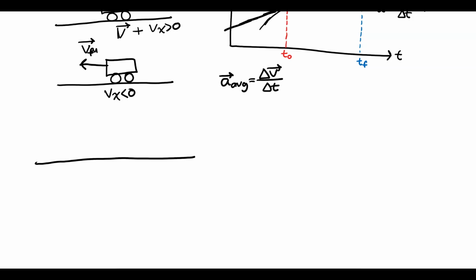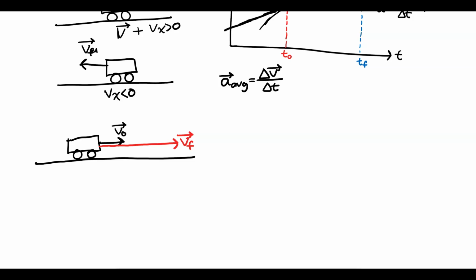Okay, so if we have a car traveling at some initial velocity v0, and we make it faster, that means if it's speeding up, then its final velocity vector, vf, will be in the same direction, but a lot longer because we've just increased its magnitude.